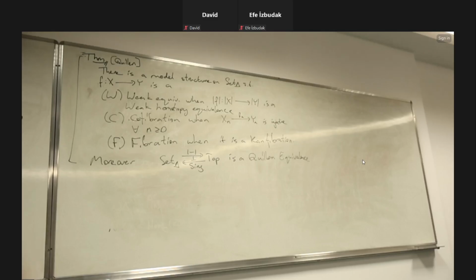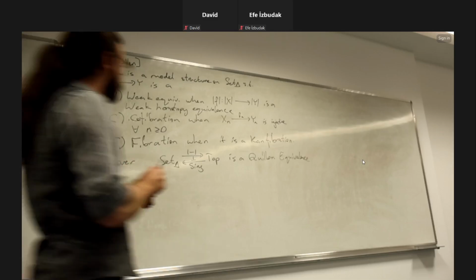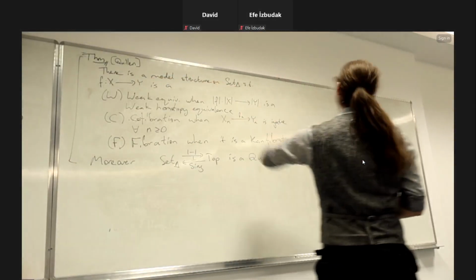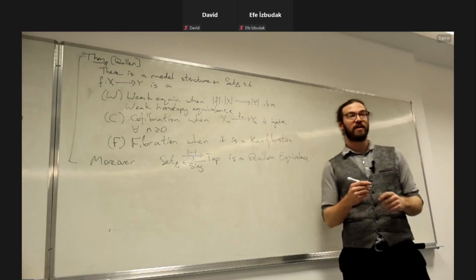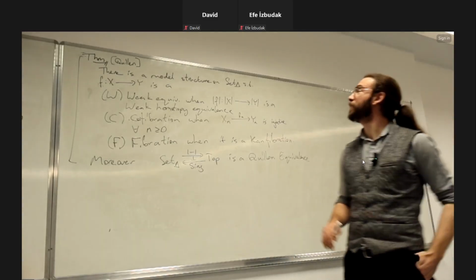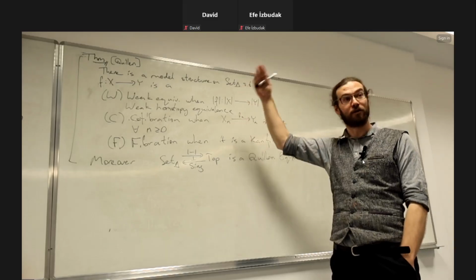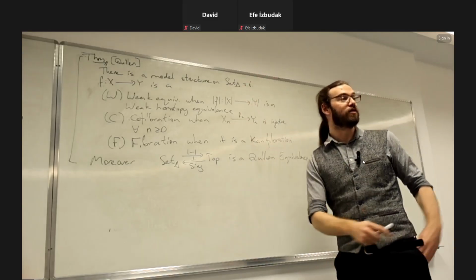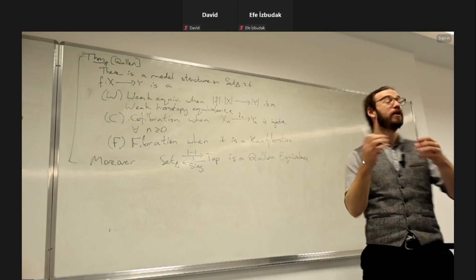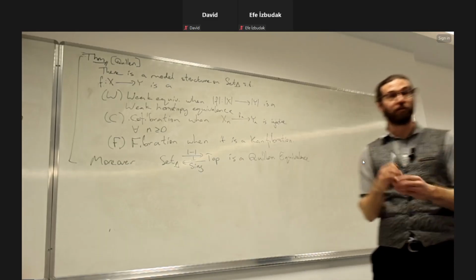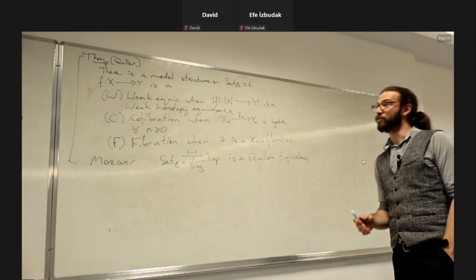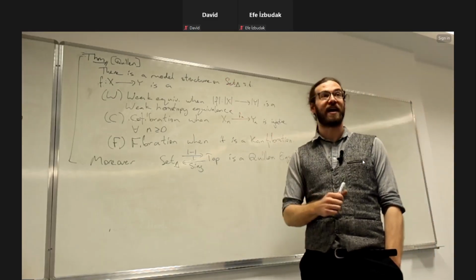So let me briefly interpret this statement. What we mean when we say there is a model structure is basically there's a well-defined homotopy theory of these things, very well-behaved homotopy theory. You can use the classical machinery of cofibrant resolutions and fibrant replacements to work with homotopy in this category.